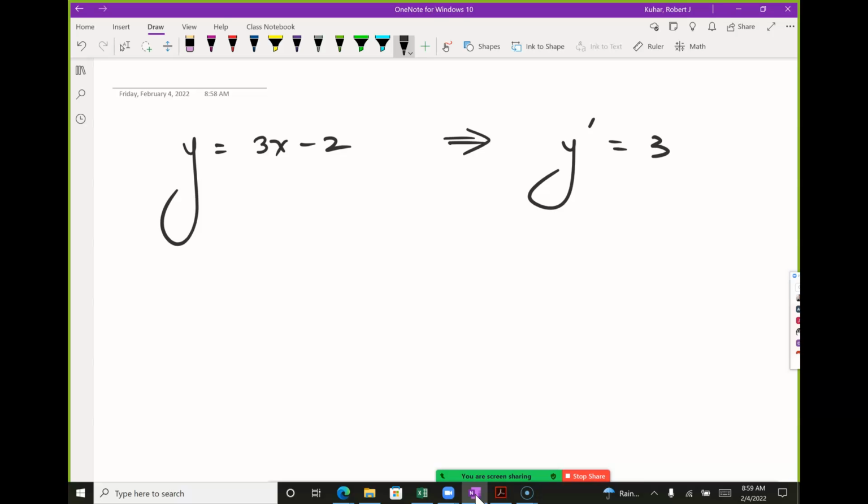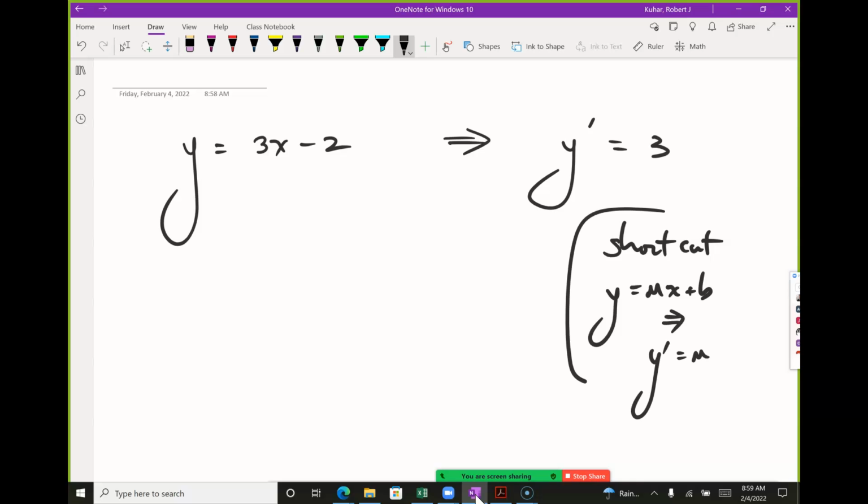The slope at any point along this curve is 3. But let's show it with our shortcut: y equals mx plus b implies y prime is m. So we've got two shortcuts so far: this one and the power rule. Bring down the power, reduce the power.